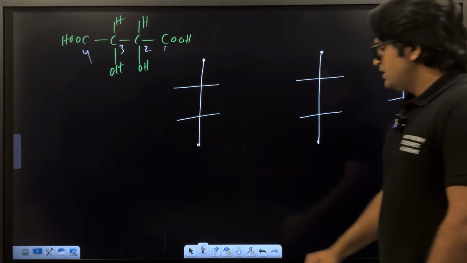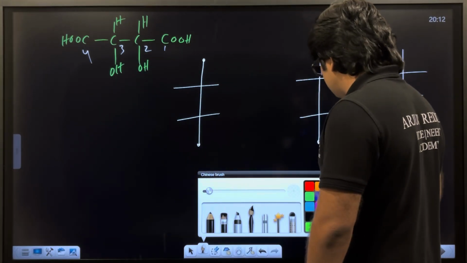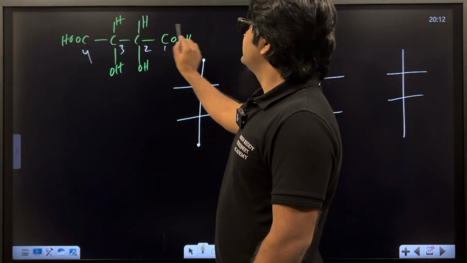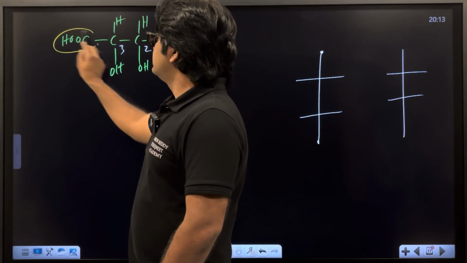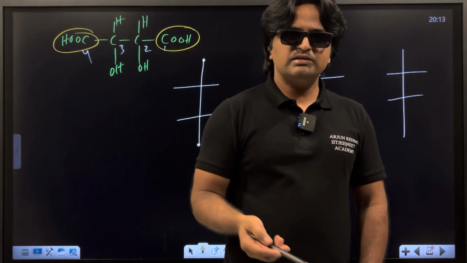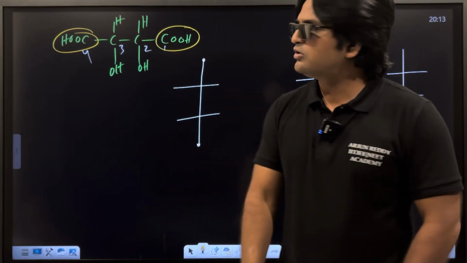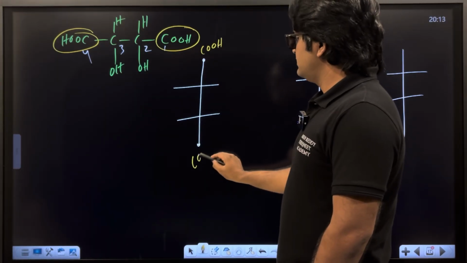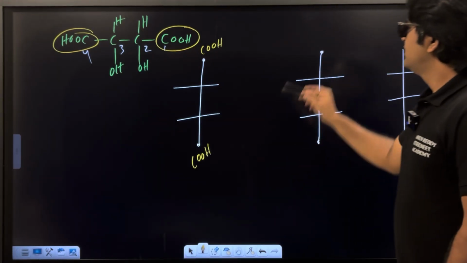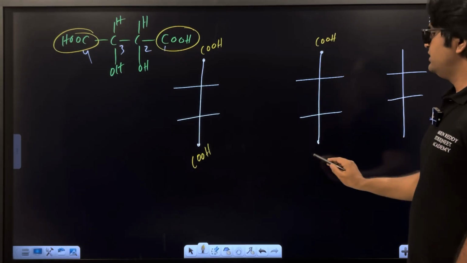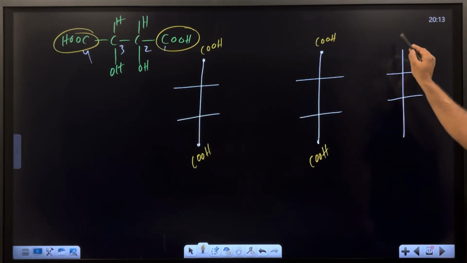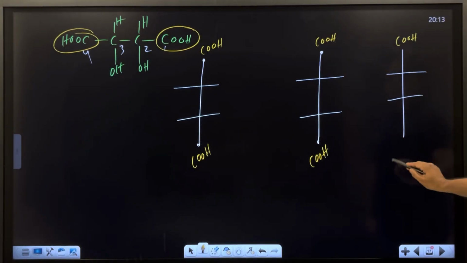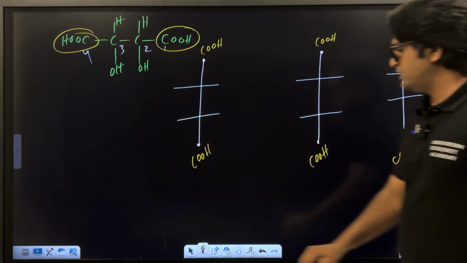Clear? Next, after that, which is more oxidizable group? Now just you look at extremely right side group and extremely left side group. Both are similar. That's why here there is no competition. Now simply you can write like this, COOH and COOH. Here also same thing, COOH and COOH. Come to this one, COOH and COOH. Clear?